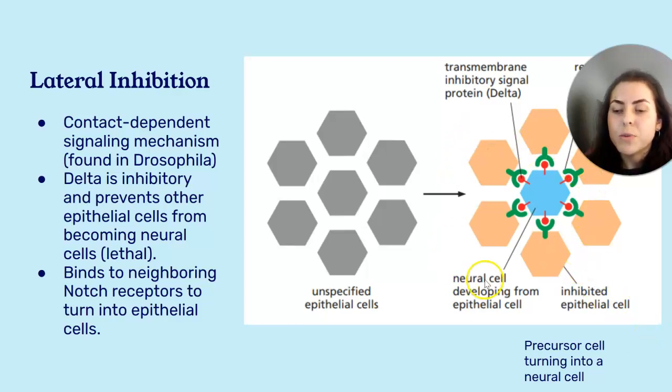You don't want all the surrounding cells to turn into neural cells. So the Delta is inhibitory, and it binds to the Notch protein on the neighboring cells in order to inhibit it and make sure it doesn't turn into neural, because that is actually lethal for the cell. If all the cells around it become neural, we need those epithelial cells. So again, they bind to each other, and that makes sure the neighboring cells do not turn into neural cells. They stay epithelial cells. And that's called lateral inhibition.